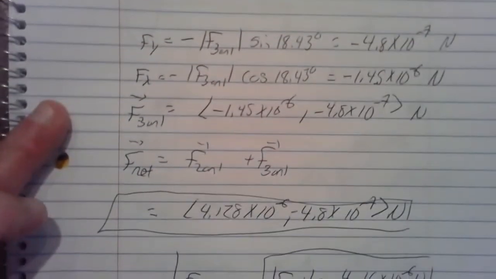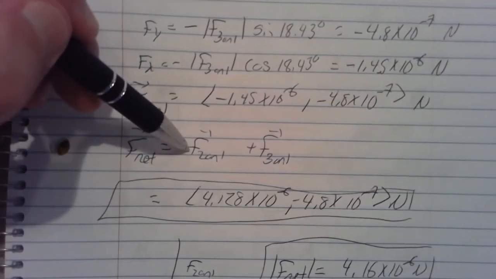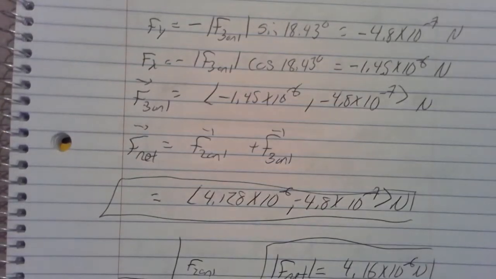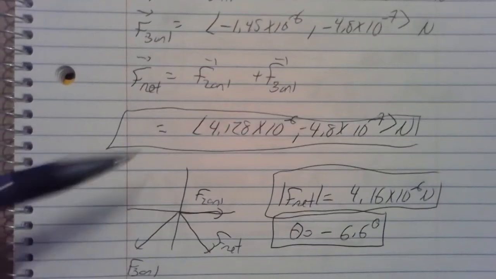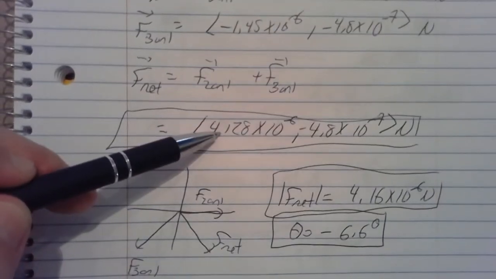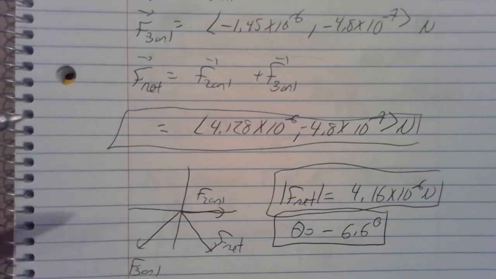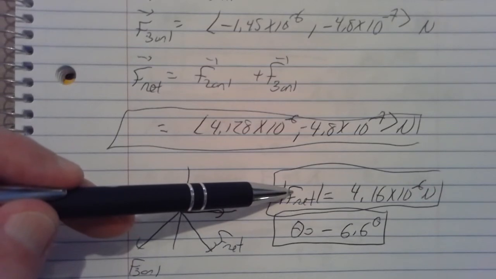Then the net force on that charge is the one from 2 and the one from 3. Add them together as vectors. Add the x components, add the y components. We end up with this net force as a vector. To find this magnitude, just Pythagorean, square root of x squared plus y squared.